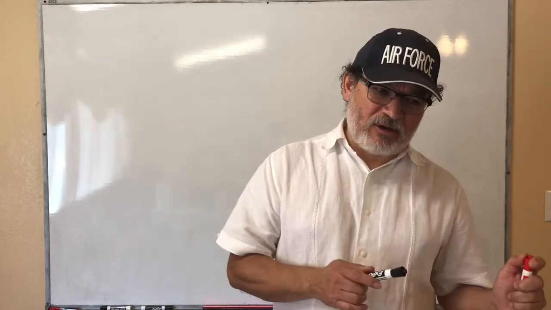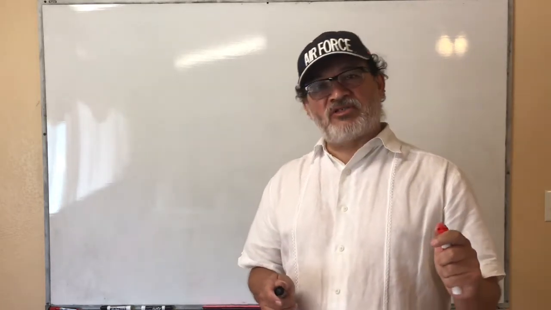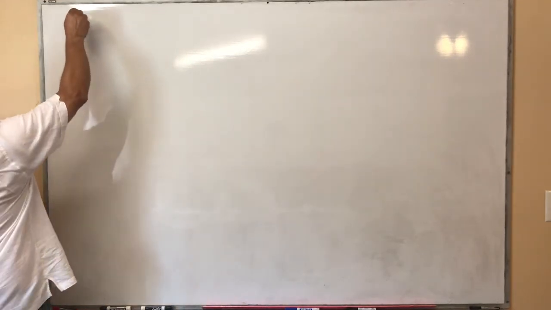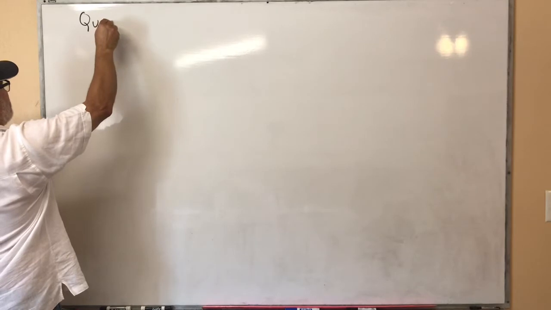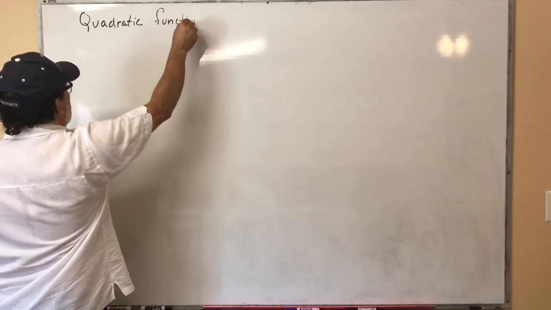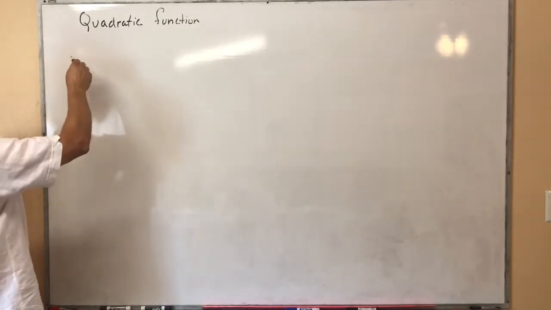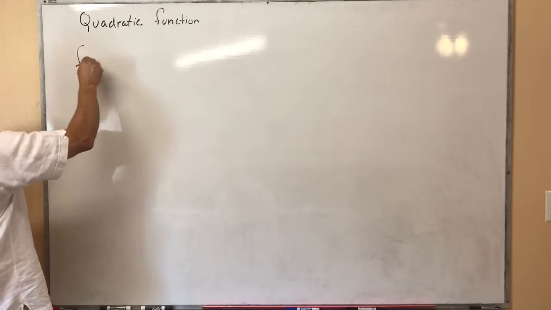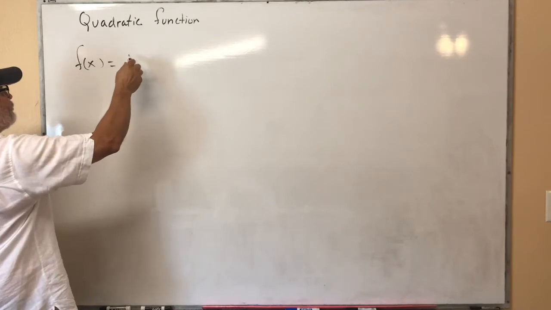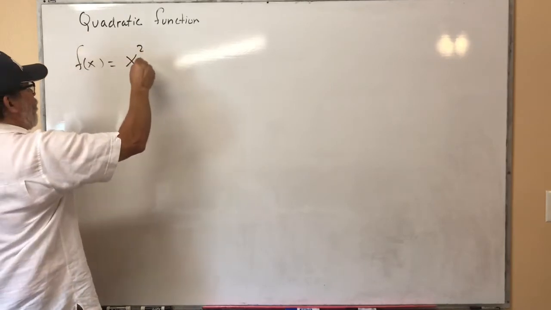A quadratic function is where the variable, the independent variable, is raised to the second power. Okay, let me give you an example. Here's a quadratic function. f of x equals x squared.